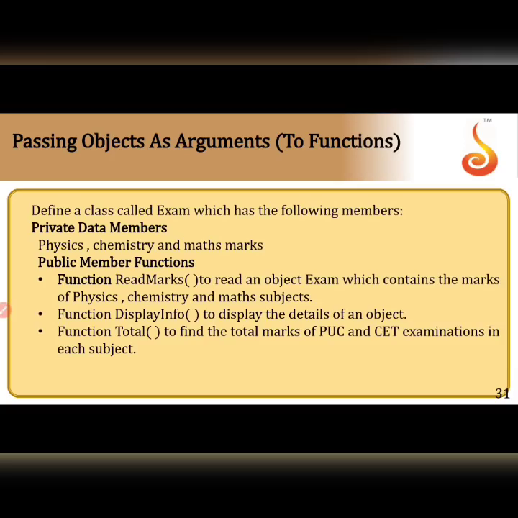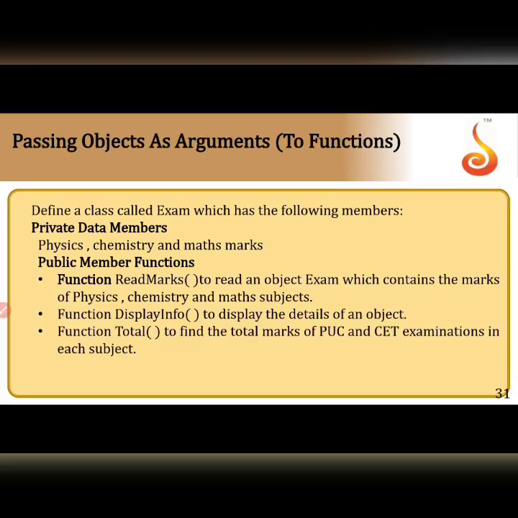Now, we'll go through this. This is like a description of a program wherein you need to write the program based on this. What is the first one? Define a class called exam. So, the name of the class should be exam, which has the following data members. So, what is it saying?